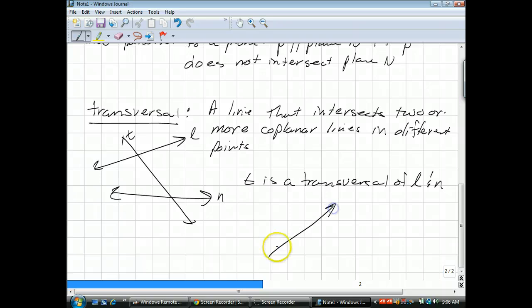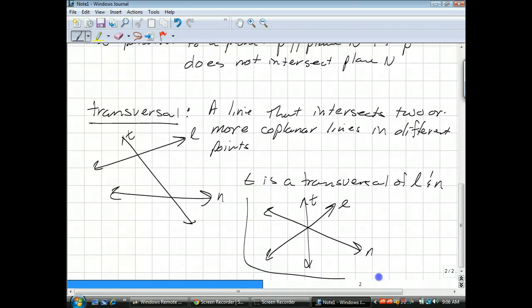So if I had this picture, in this picture I have three lines, but there's no one line that intersects the other two at two different points. And so in this picture, there is no transversal.